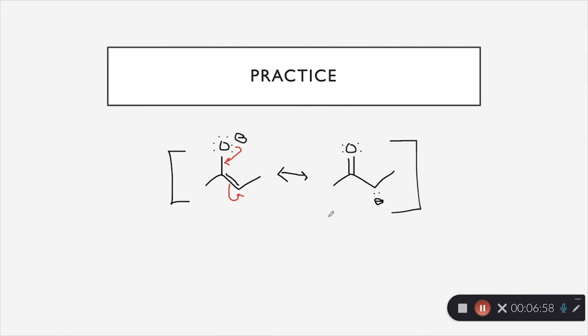So here's the answer. We can see that the lone pair on this oxygen is being pushed down to form a double bond, and then the pi electrons from this double bond are being pushed over to that carbon atom. And so make sure you focus on the charges. This oxygen had a negative charge, but once we push those arrows down to form the double bond, it now has 6 valence electrons like it once did.